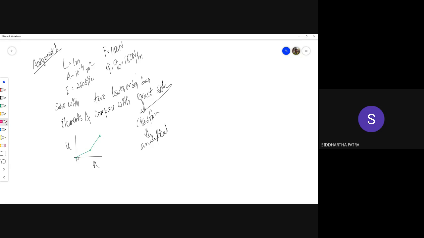The exact solution is a parabola, and this is the finite element solution. At this point, you are now in a position to get the finite element solution. So take two lower order bar elements of equal length for the sake of simplicity, and see how far you can trace the exact solution.